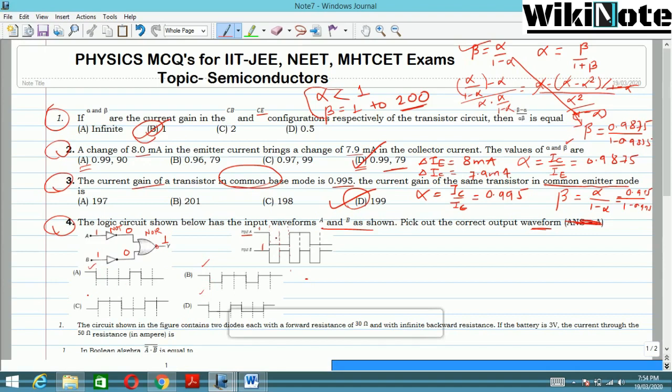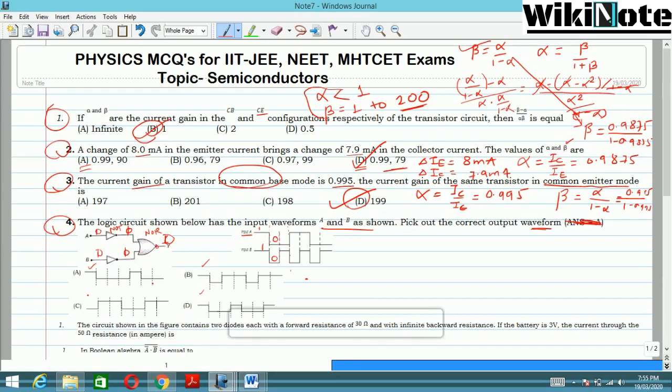For the second, the input A is 0 and B is also 0. So 0 and 0, the outputs of the NOT gates will be 1 and 1, and 1 plus 1, the output will be 1 for the OR gate, and for the NOR the output is 0. So I will check where I get that output 0.